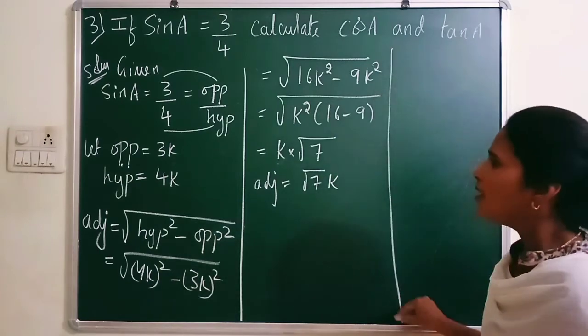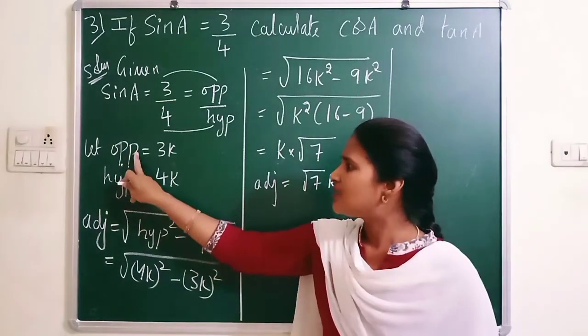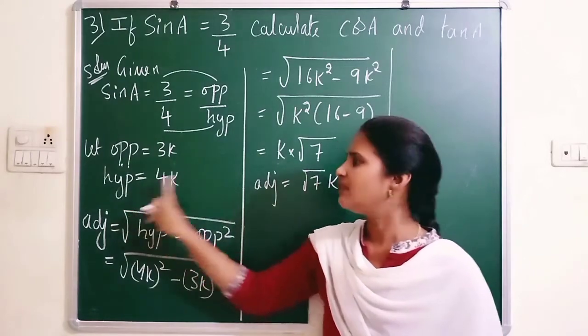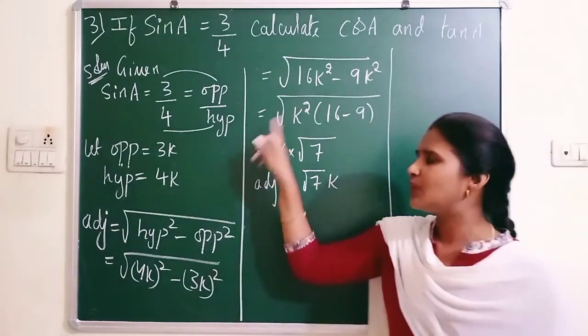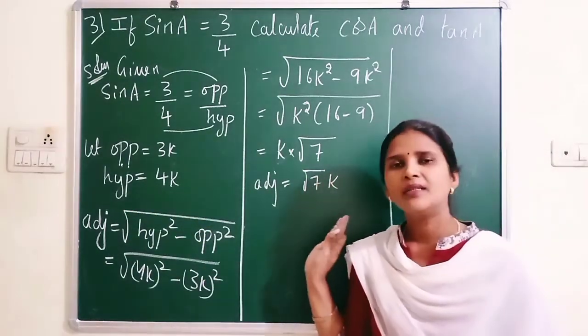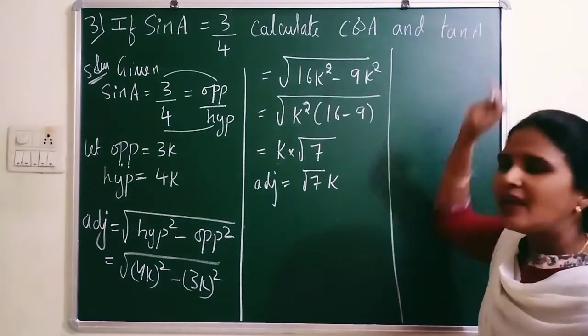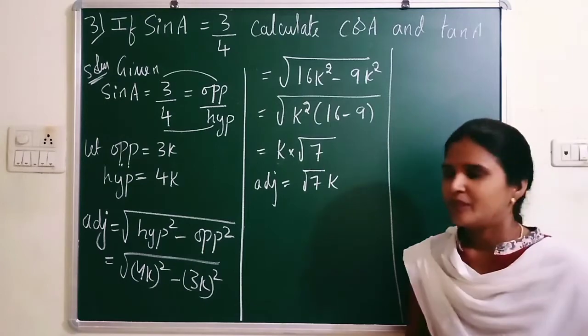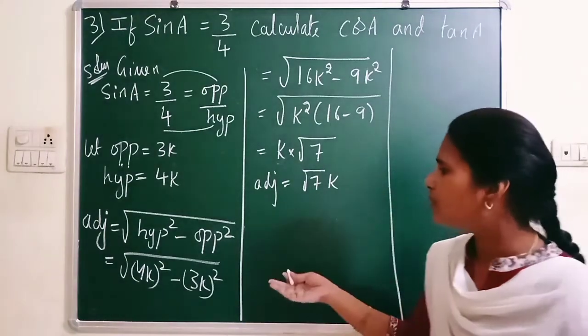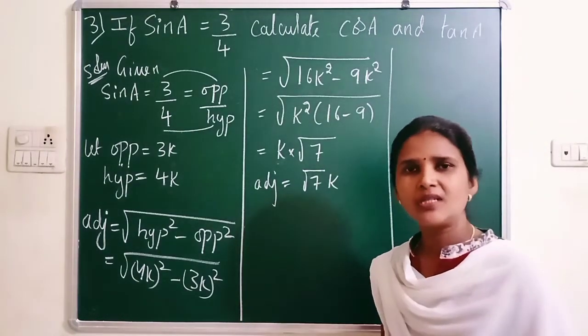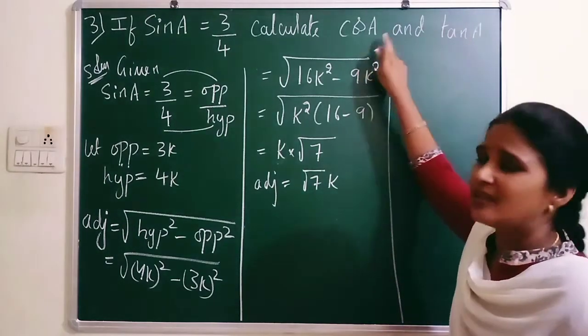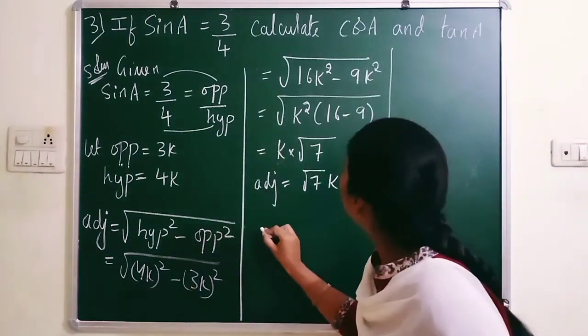So now all three we got. Opposite is given, hypotenuse is given, and using the Pythagoras formula we found the adjacent. Now what do I have to find? I have to find cos A and tan A. So without the diagram also we can do it, because we know opposite, hypotenuse and adjacent. The acute angle is not changed here, it is the same. So what is the first one?